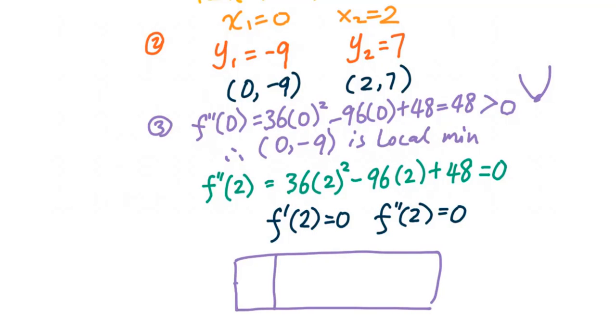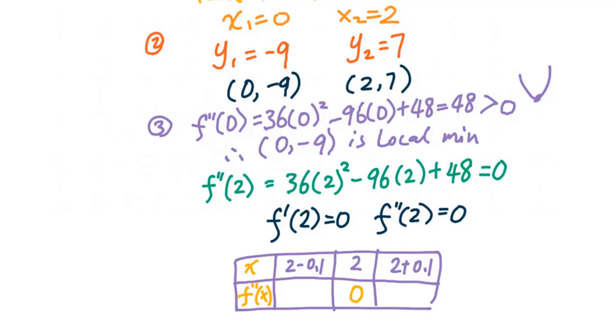We check 2 minus 0.1 and 2 plus 0.1 in the second derivative, f double prime of x.